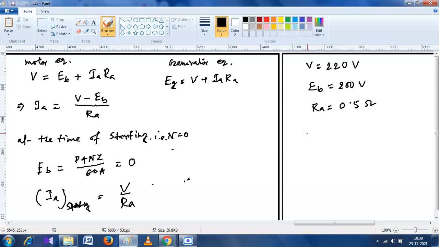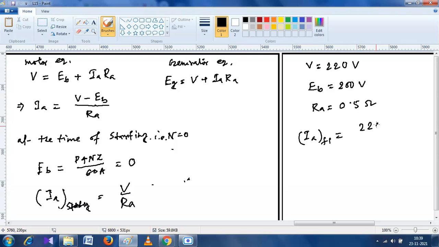So tell me the value of Ia at rated, or full load. What is the value of full load armature current for these numerical values? 40 ampere. Good.